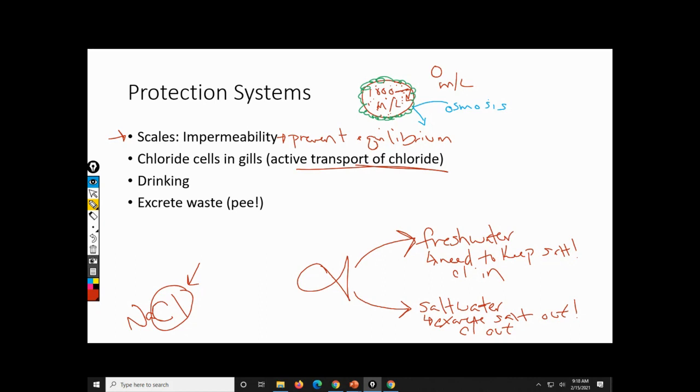Are we ditching the salt? What does our fishy friend need? Any questions about chloride cells?